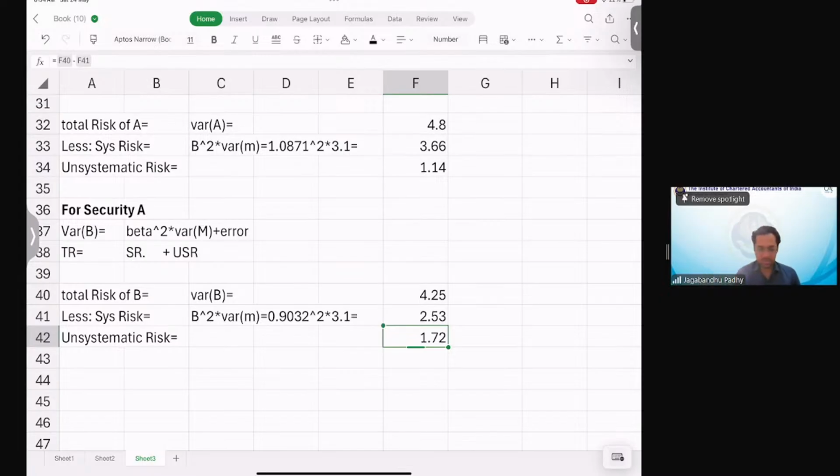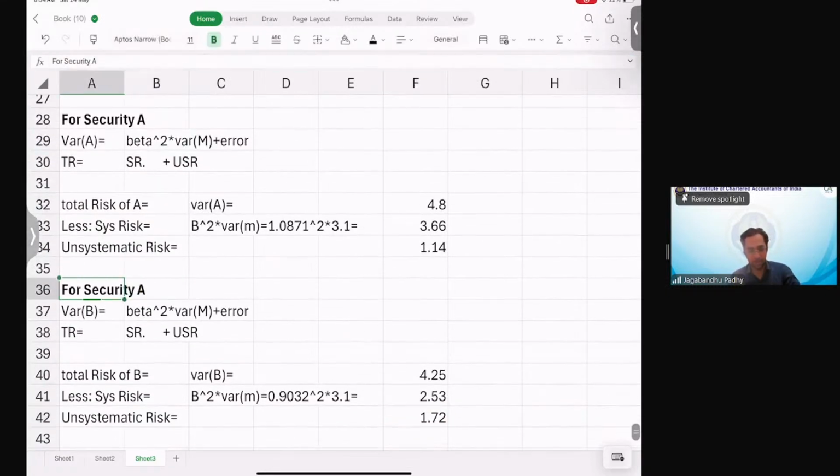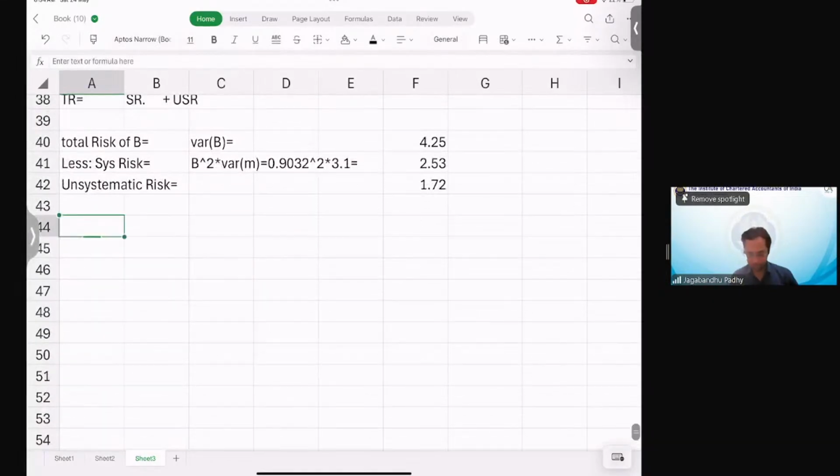Did you get this unsystematic risk also, guys? Are you getting this unsystematic risk number for security B? We are yet to call for the portfolio now.